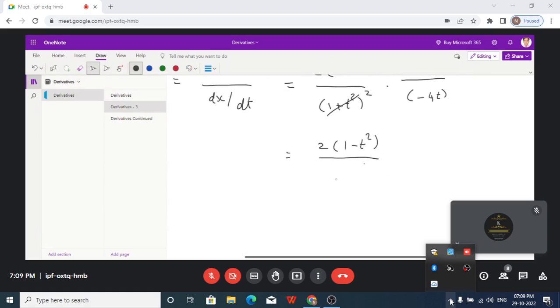Okay, 1 minus t square by 2t, minus 2t. Correct. So 2 will go away now. 1 minus t square by minus 2t ன்னு வந்துரும். Or இது எப்படி எழுதலாம்? t square minus 1 by 2t ன்னு எழுதலாம். Multiplying by minus both the numerator and denominator, so that we don't put minus in the denominator. அதனால நம்ம we put like that. t square minus 1 by 2t.